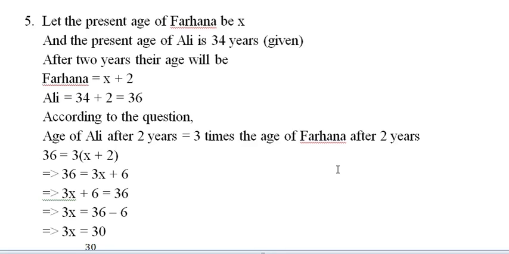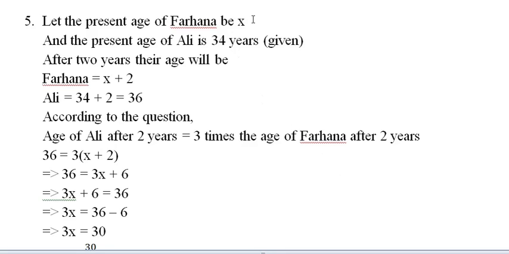Now the second statement: if Ali is 34 years old, how old is Farhana? So this 34 is the present age of Ali. Hence we can assume the age of Farhana to be x.